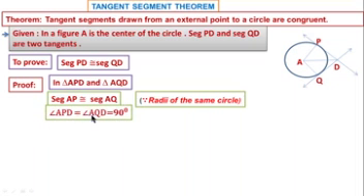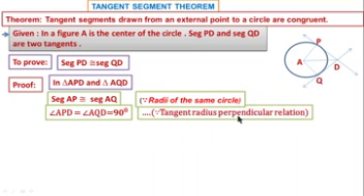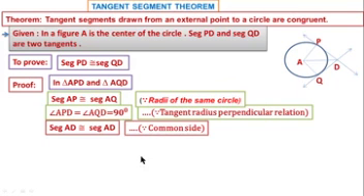Angle APD is equal to angle AQD is equal to 90 degrees. Reason: the tangent-radius perpendicular theorem. Segment AD is congruent to segment AD, common side.